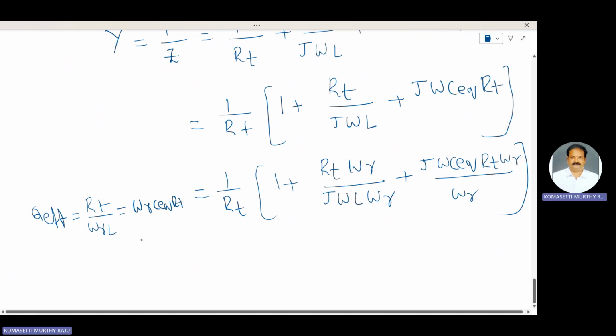Already derived this one. These three parameters are replaced with Q effective.